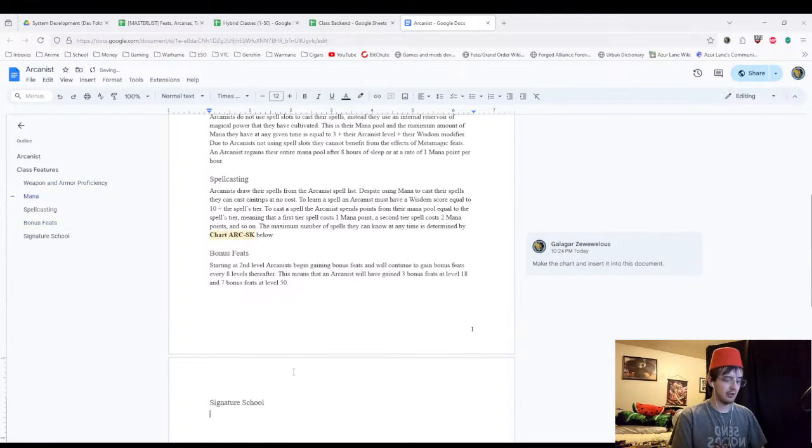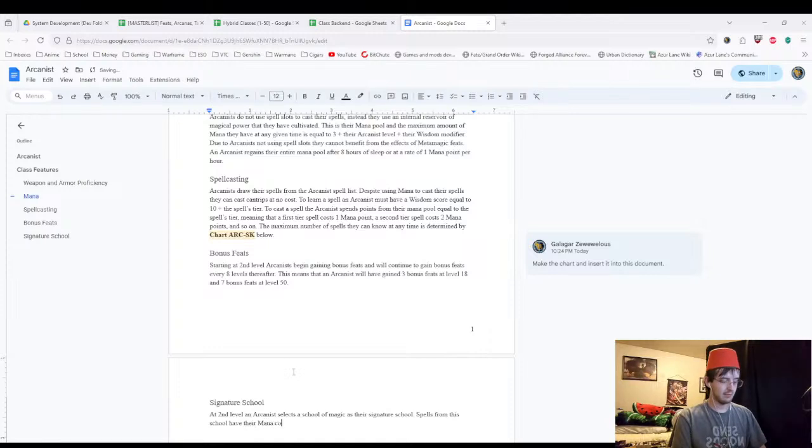So signature school. At second level, as their signature school, this is just a cost reduction thing.